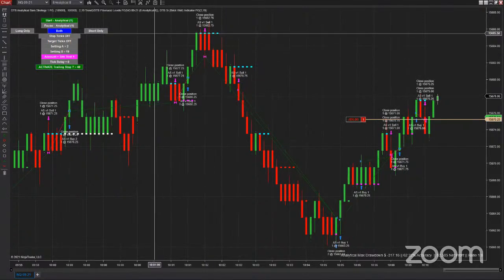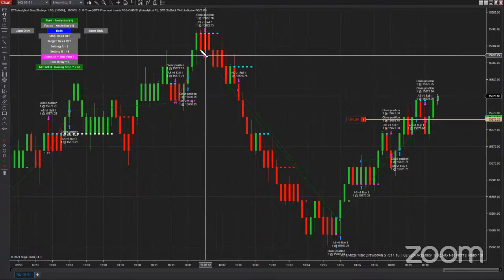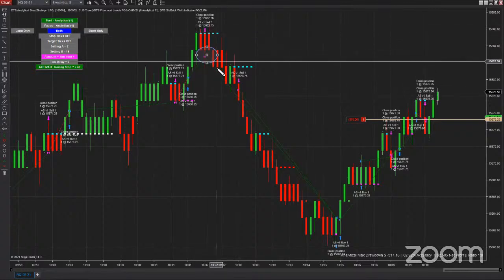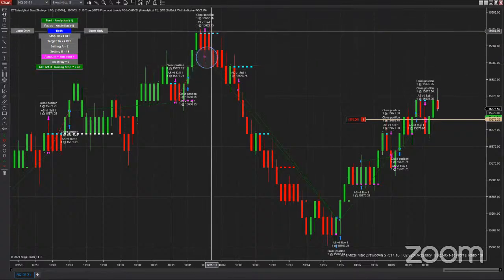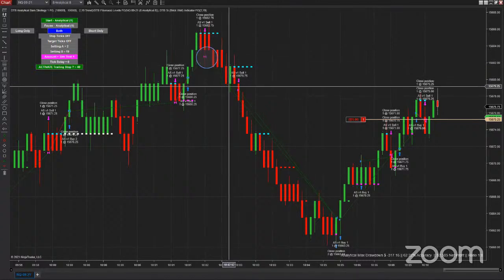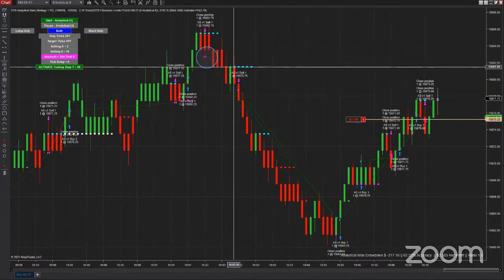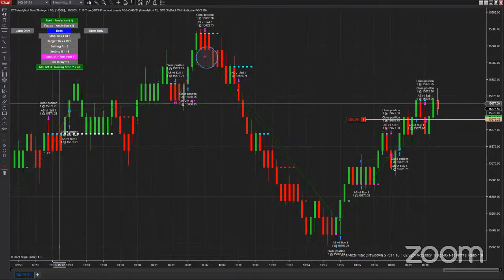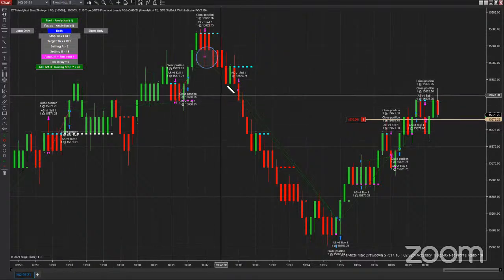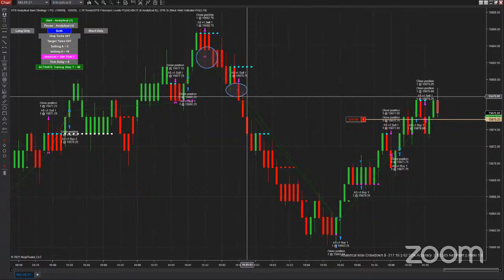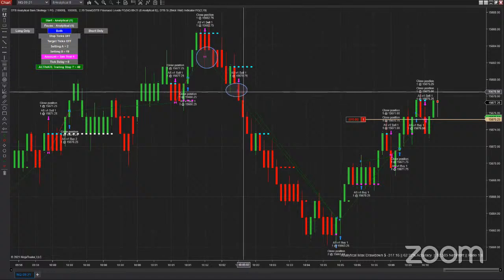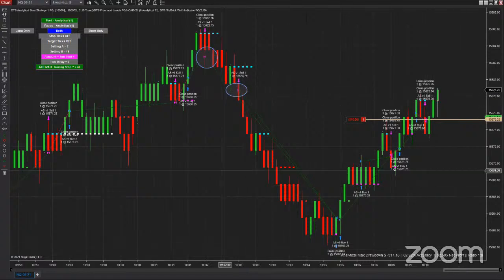If you look at this chart over here, this last one, there was a sell signal over there. The price came down, the price went up a little bit, it formed a new brick wall, and it formed a new signal over there. So that was the second signal in the direction. Same thing at the bottom.